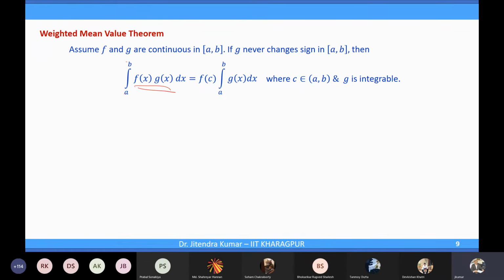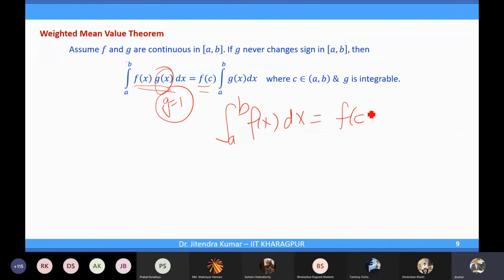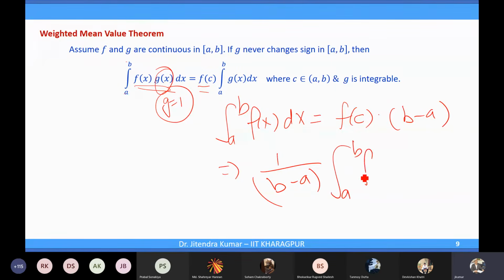I will go to a special case of this. For instance, say g is 1. What do I have here? The integral from a to b of f(x) dx will be equal to f at some c times the integral of 1 from a to b, which is just b minus a. Or I can write 1 over b minus a times the integral from a to b of f(x) dx is equal to f(c).